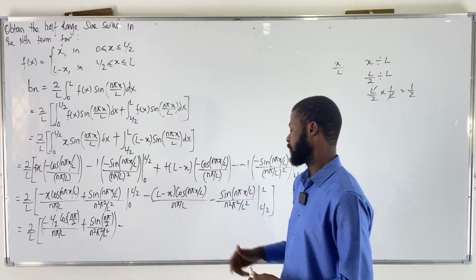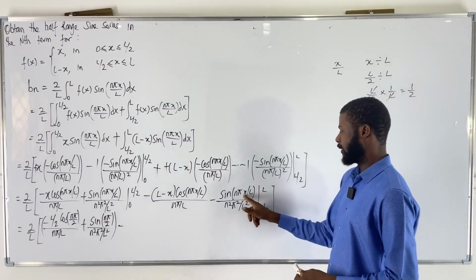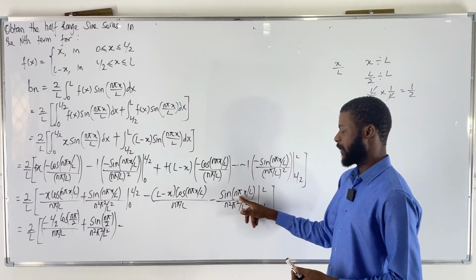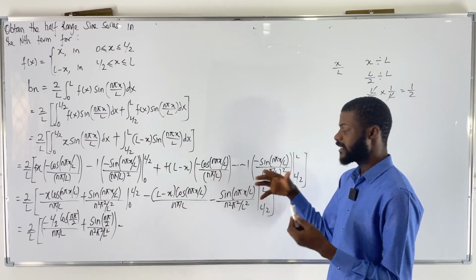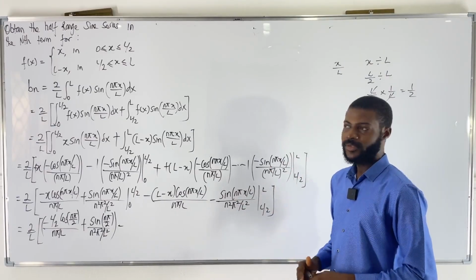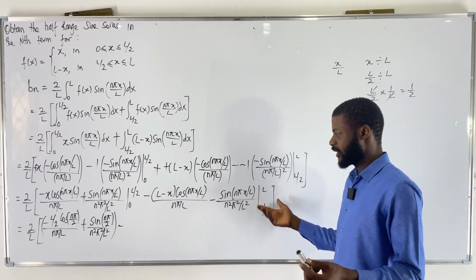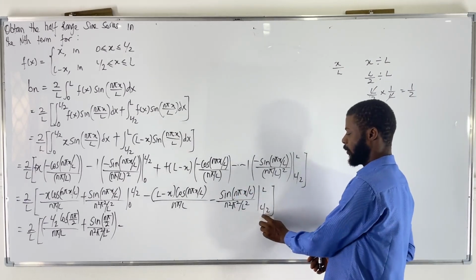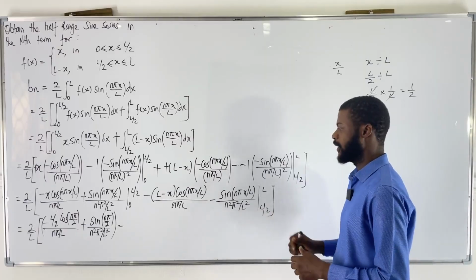So everything here is 0. Now when you put your L here, L over L is 1, 1 times n pi is n pi, and sine of n pi is still 0. So that's gone. Everything here will just be 0. So the only useful one will be L over 2.